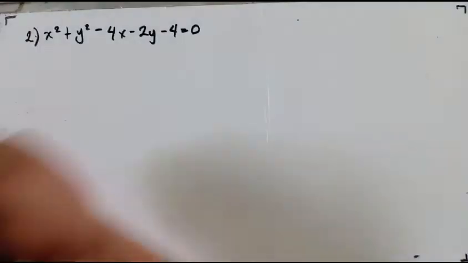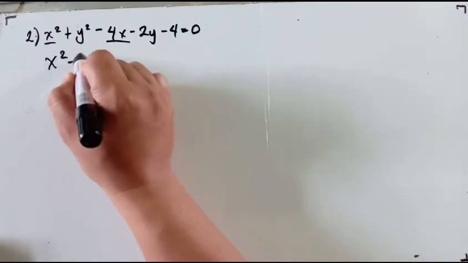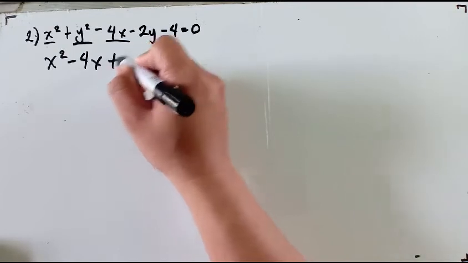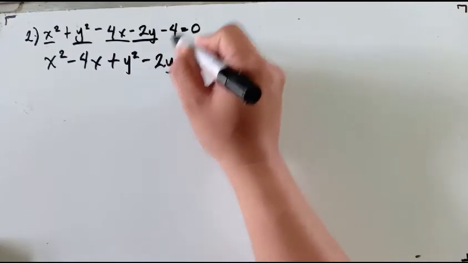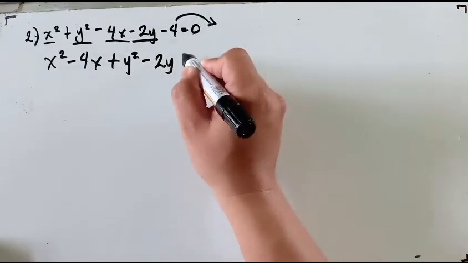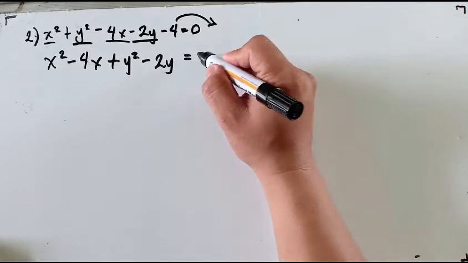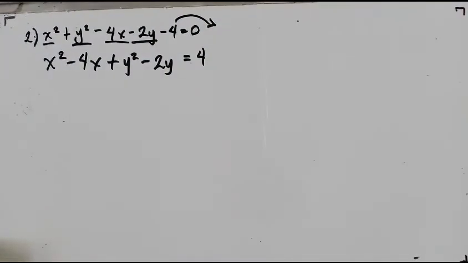So this would be x squared minus 4x, plus y squared minus 2y. And let's transpose that 4 to the right side of the equation. So this one becomes positive 4.